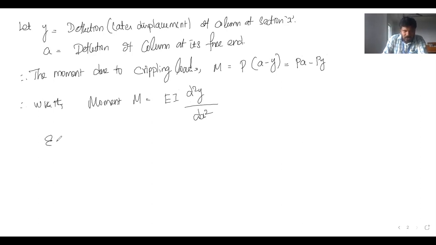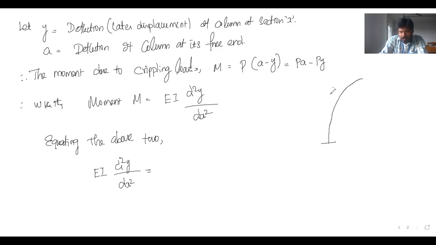Equating the above two equations, EI into d squared y by dx squared is equal to, so we know that here the profile becomes convexity.